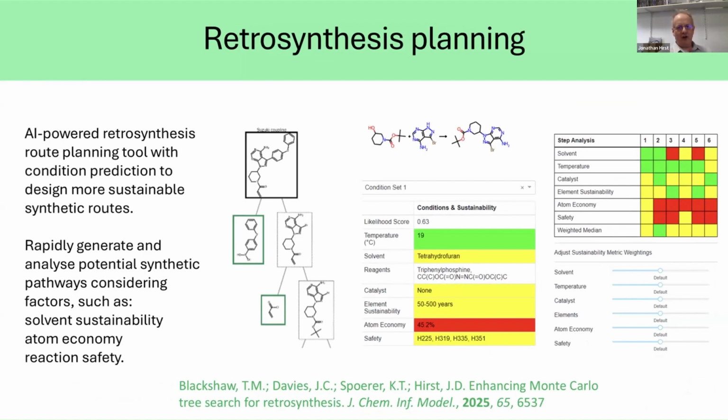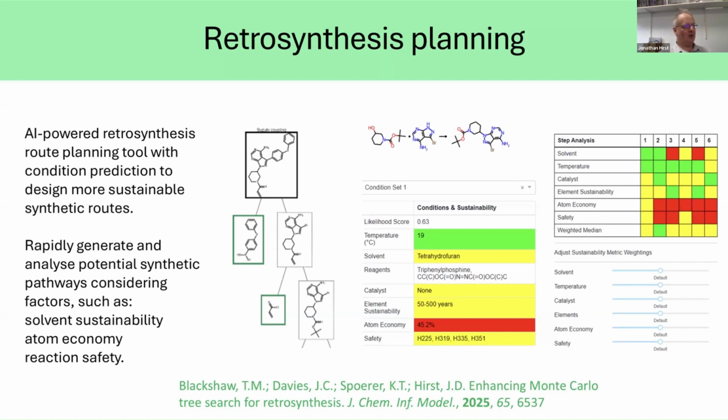Another functionality that we've integrated is based on AstraZeneca's open source AI Synth Finder. We've implemented some algorithmic improvements, and we've also layered on top again the sustainability considerations. So maybe you find several possible routes suggested by the retrosynthetic planning.